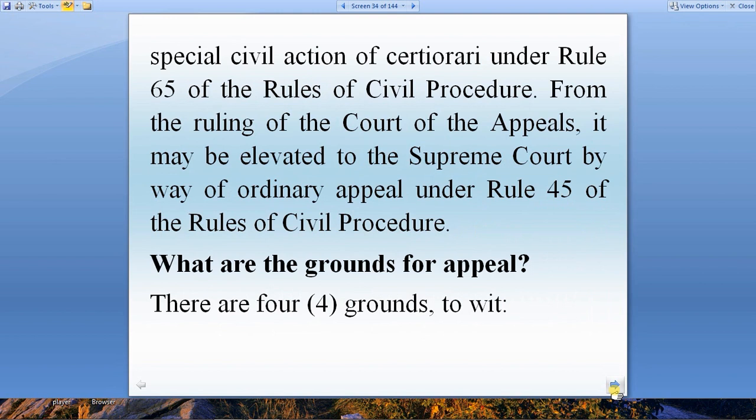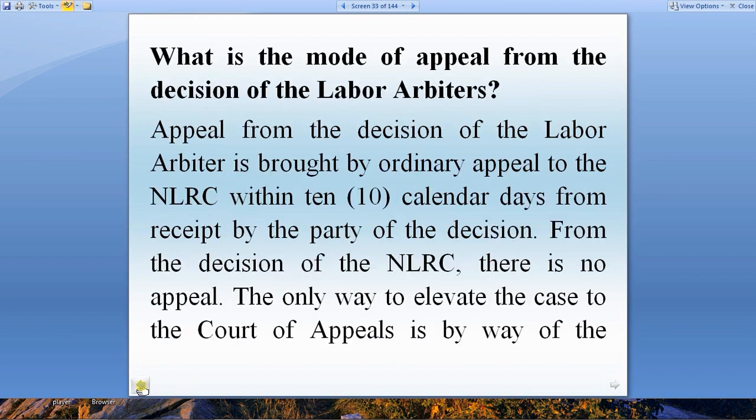After that, di pa rin masiyahan sa Court of Appeals, they can elevate the matter sa kataas-taasang hukuman na tulad na nakikita nyo sa ating previous case analysis, the Rule 45 of the Rules of Civil Procedure. Yan, tatandaan ha. Photographic memory, activate.